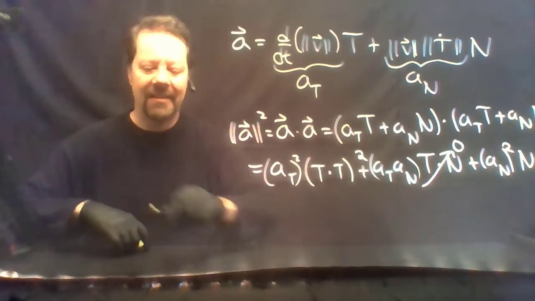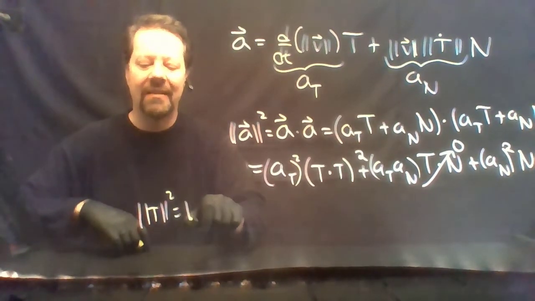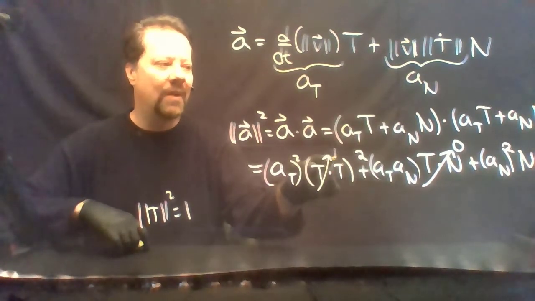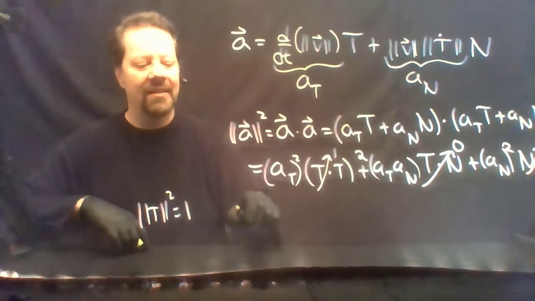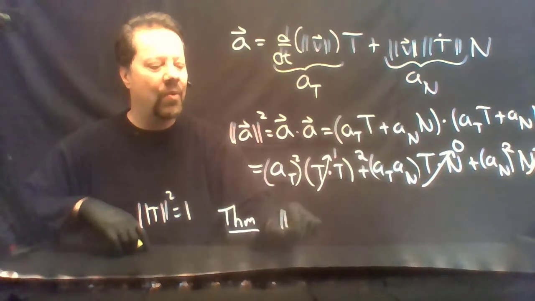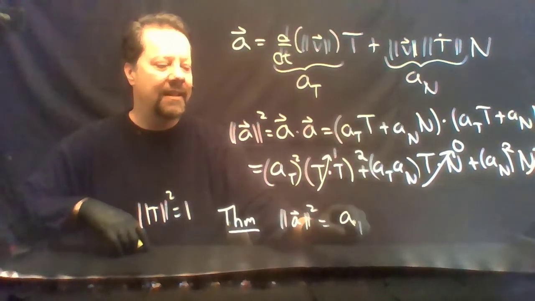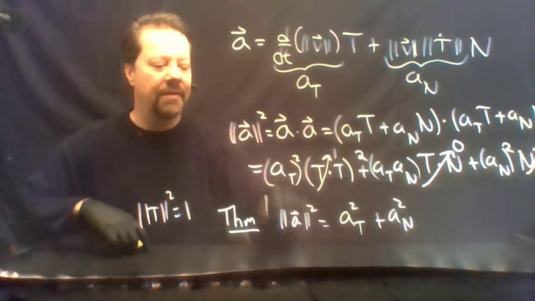On the other hand, the norm of t is 1, and that means t dot t is 1. The same is true for n dot n. We deduce then the following theorem. The norm of the acceleration vector squared is the tangential component squared plus the normal component squared.